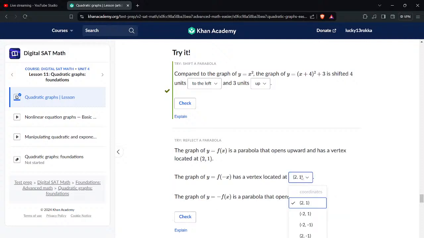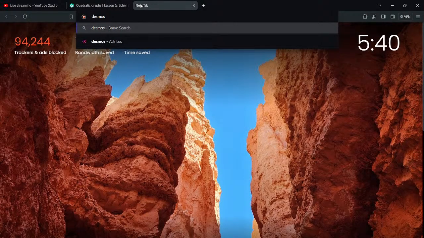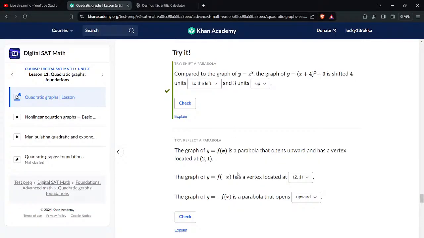Wait, what? The graph f of minus x has a vertex located. The vertex changes. What? I didn't know that. Wait, I need to try this. So you got minus x, then what? Minus 2, comma 1, as I said.